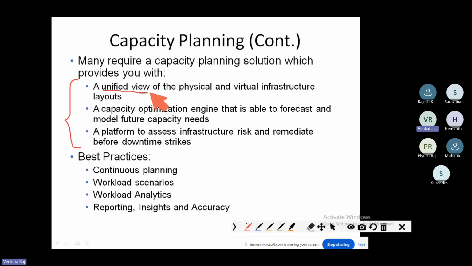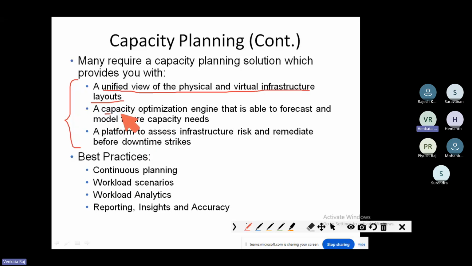A unified view of the physical and virtual infrastructure layout. You as an infrastructure administrator should be able to view the unified layout of the different components of an infrastructure. It could be physical servers, it could be VMs. You should be able to see them in a unified view.